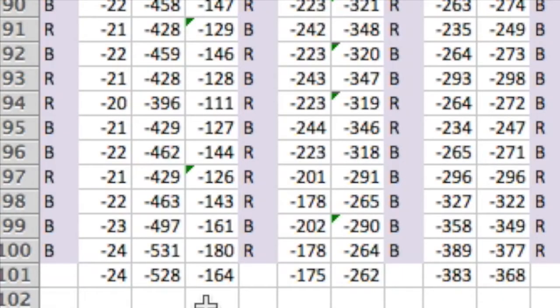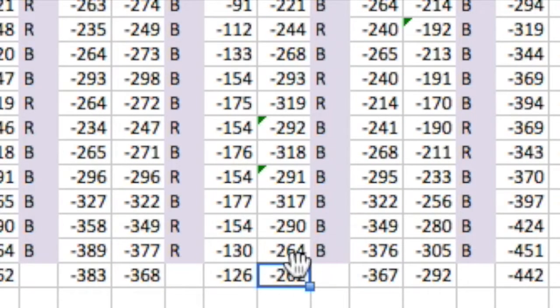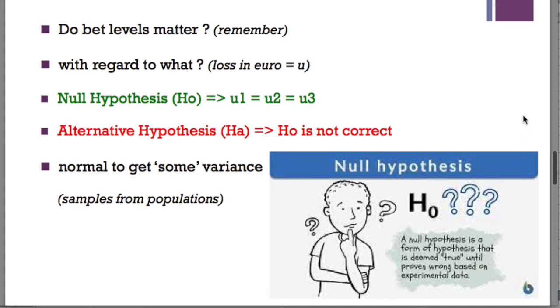And that's what you see here, with Oscar Grint at the end. And my loss was 528, 262 and so on.